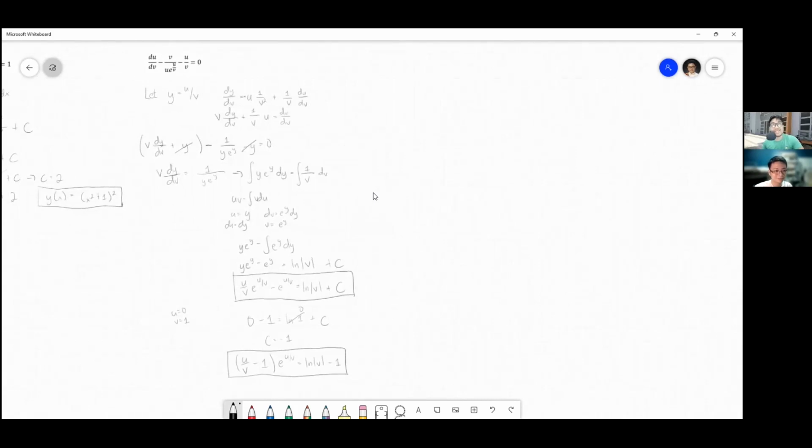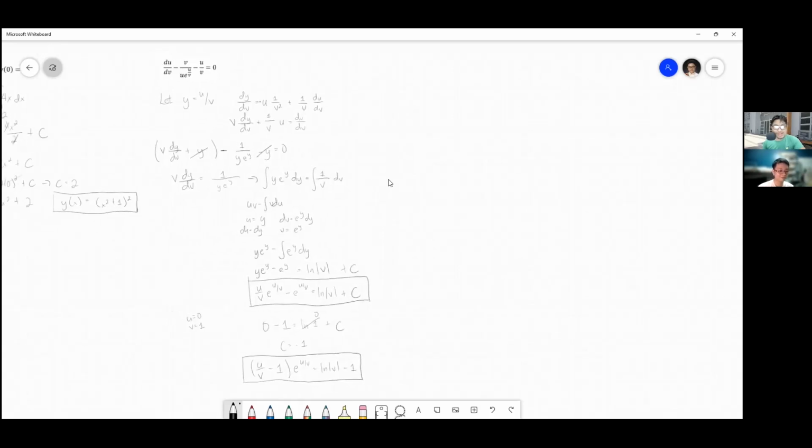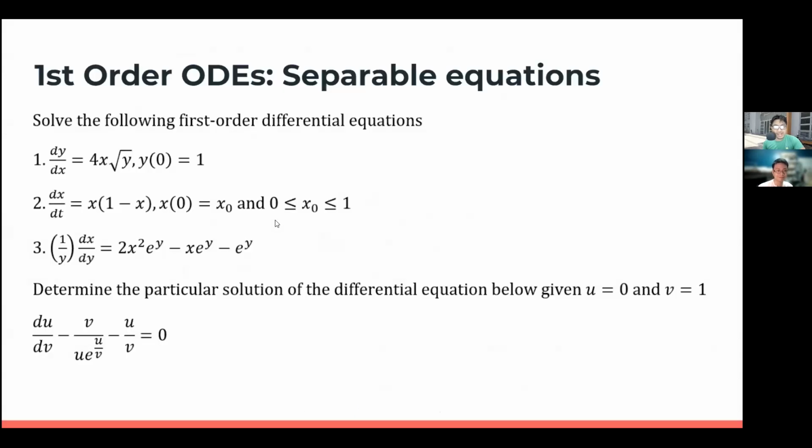Ito yung isa sa mga ways kung paano possible na humirap yung mga exams ninyo. Yung mga tipong hindi direct, may mga kailangan kayong i-substitute or i-let na mga something. Tapos, ayun, pagka-substitute nyo magiging regular na problem na lang siya. So, ayun. Okay. So that's it. Siguro yung other problems, provide na lang yan ni PSME sa inyo, if may solution sila dyan.